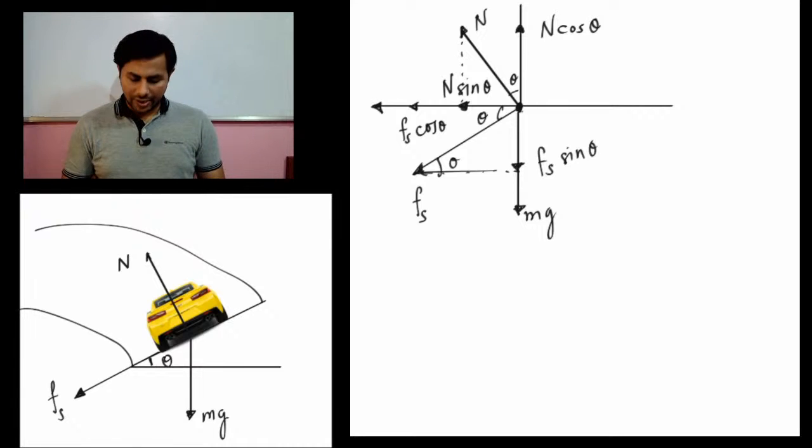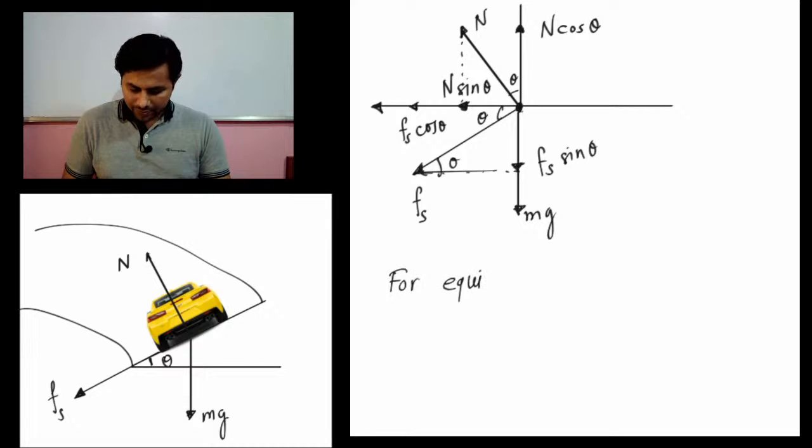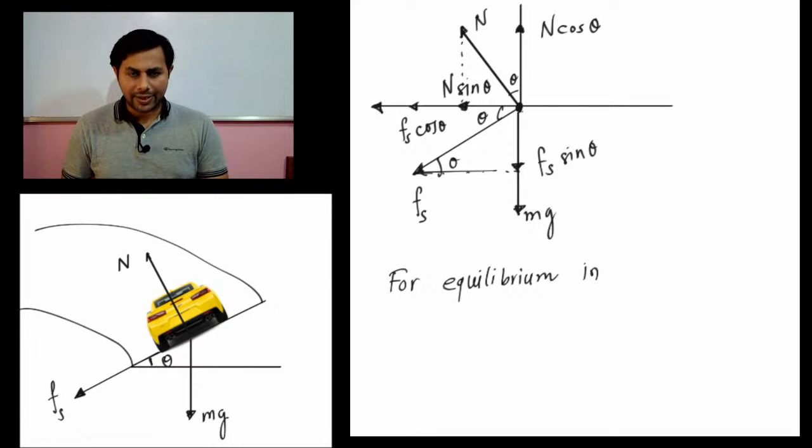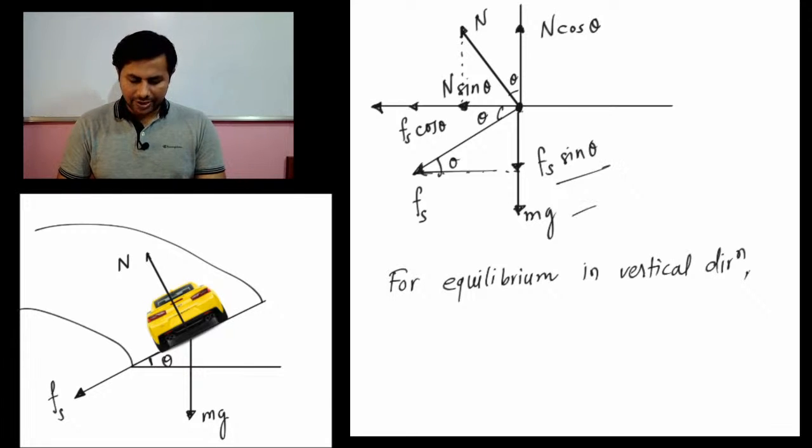Now we can look at all these components and write down conditions for equilibrium. For equilibrium of this car in vertical direction, the vertical component of normal reaction N cos theta should be equal to Fs sin theta plus mg.